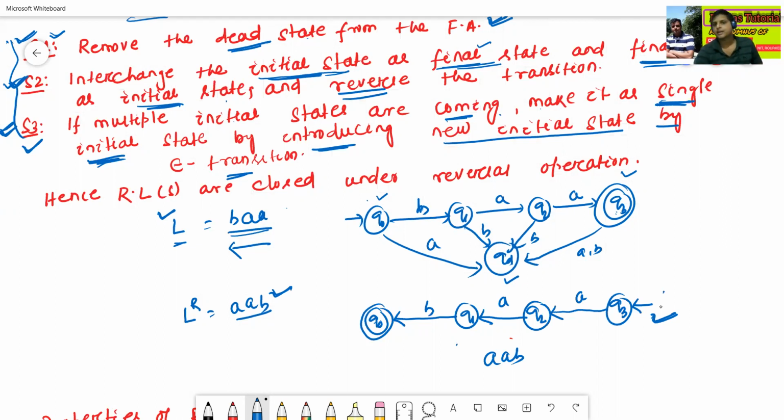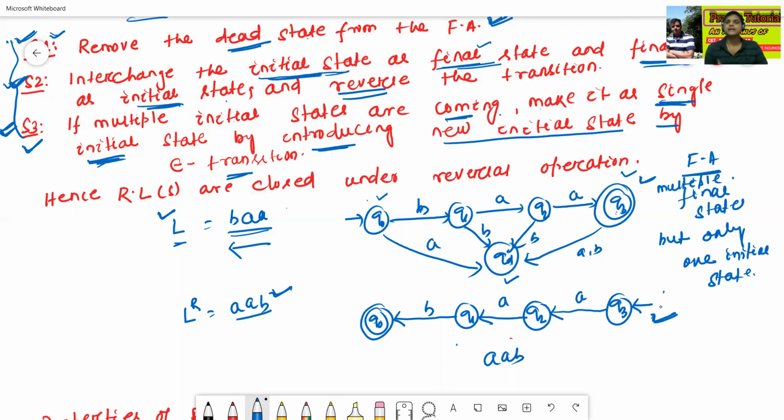Remember one thing, a finite automata may have multiple final states, but only one initial state.